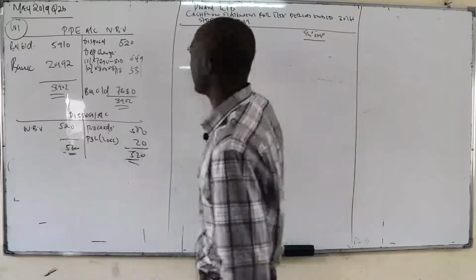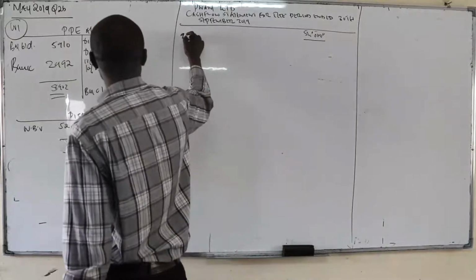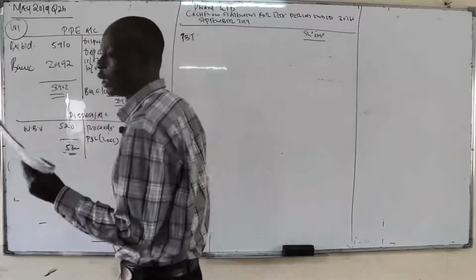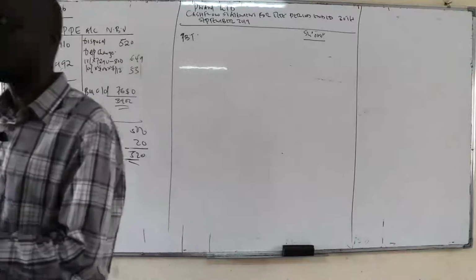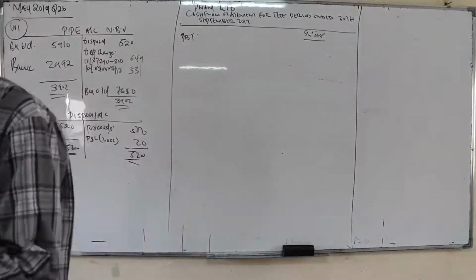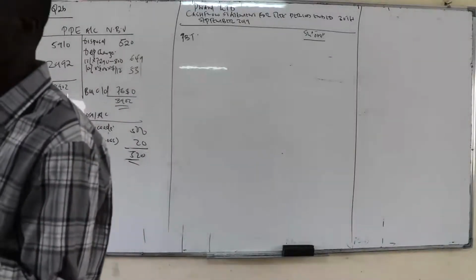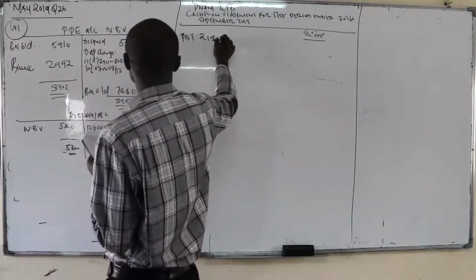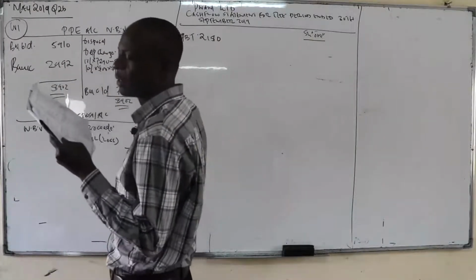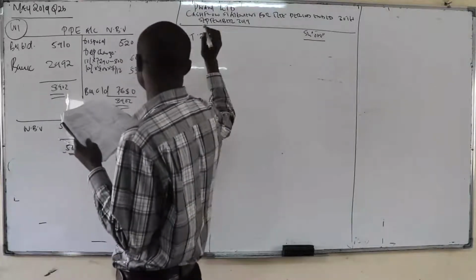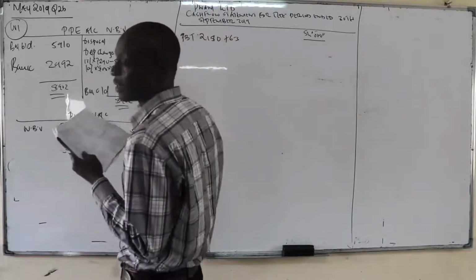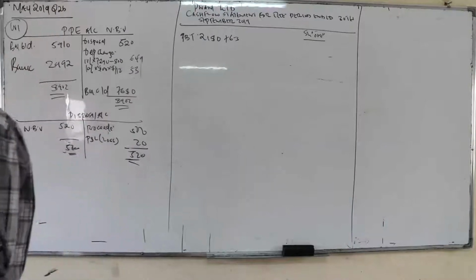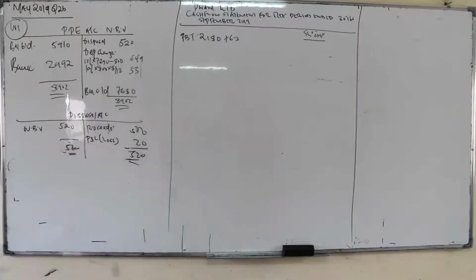So we said here we get the profit before tax. We've been given the profit after tax, which is 2180, isn't it? So 2180, and then you have been given the tax. Tax is how much? 63, note number 3. So we add 63, isn't it? To profit after tax, we add tax, we get profit before tax.